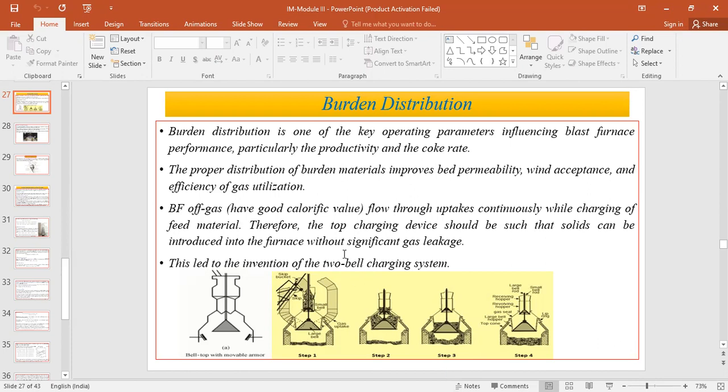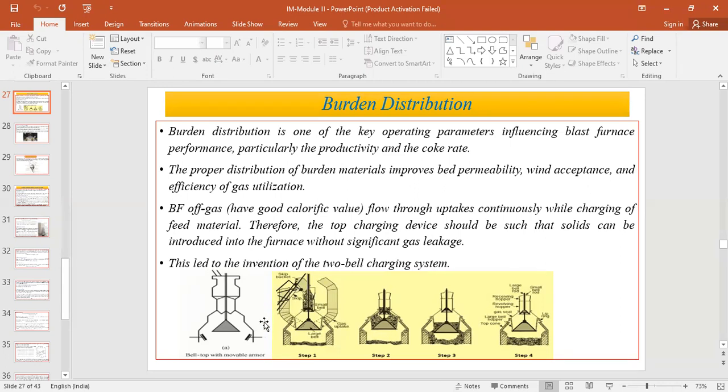Here in this picture, you can see that a double bell charging system is arranged. This is called a small bell and this is called a big bell. You can see a skip hoisting system here, where this is the bucket, where the raw material is collected, coming from the various silos, collected on a common conveyor belt and fallen into this bucket.